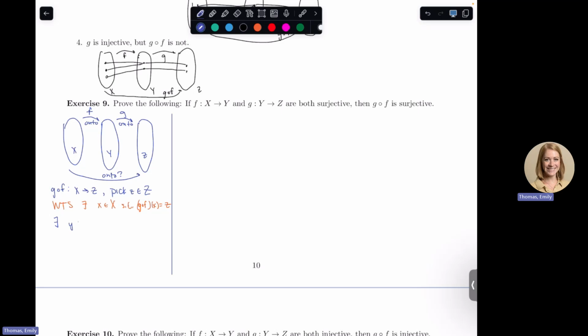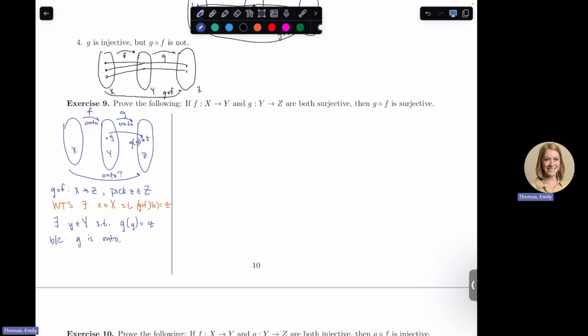So there exists a little y in big Y such that g of y is equal to z, because g is onto. So there's a y in big Y where g of y equals z.